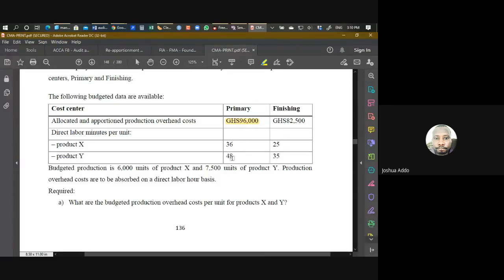Y is generating 48 minutes. We need to convert this to hours. If you convert 36 minutes to hours, what would you get? Tamara, is your question? Say, I'm finding it. I will answer later. Okay.